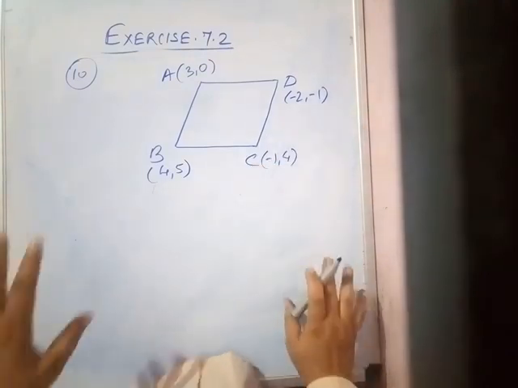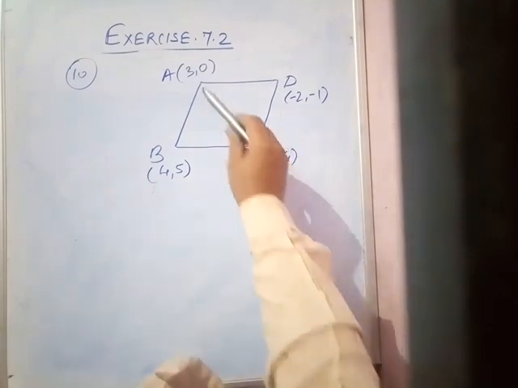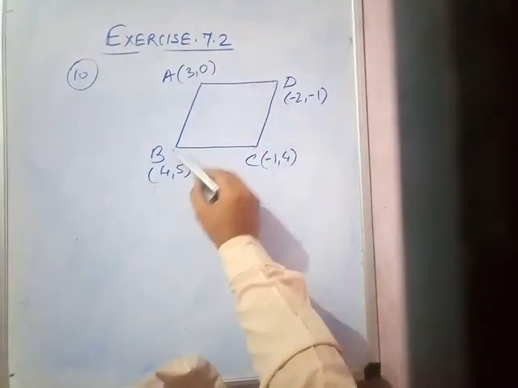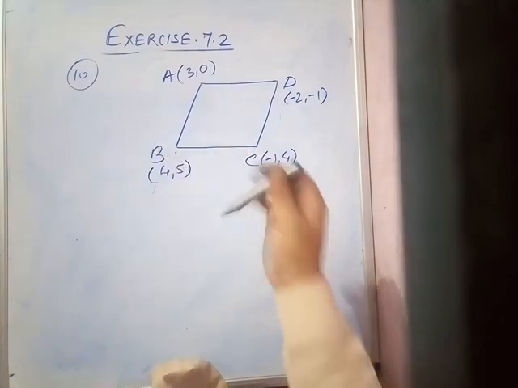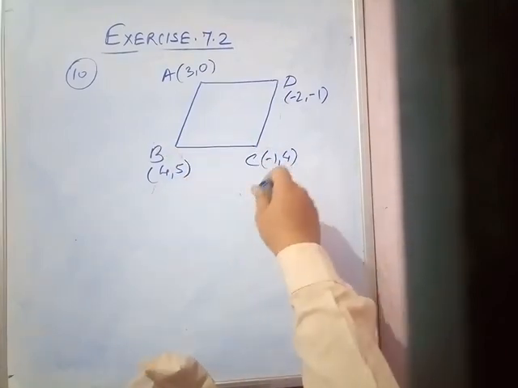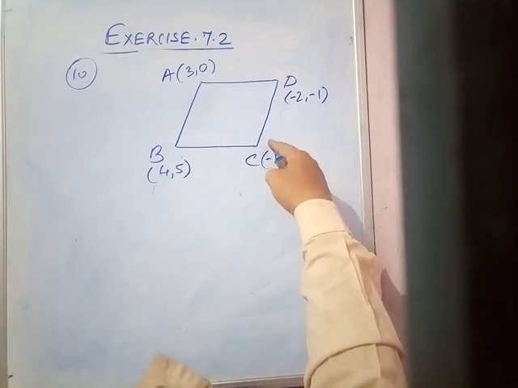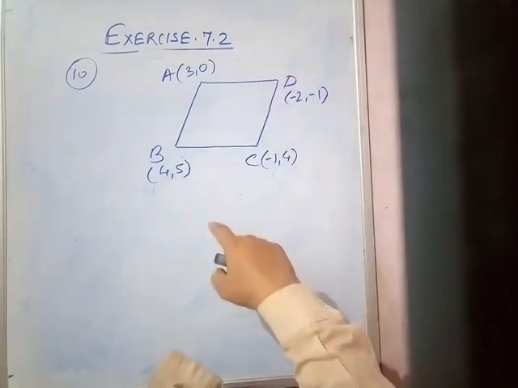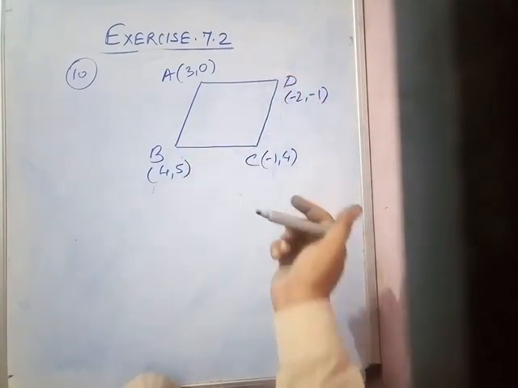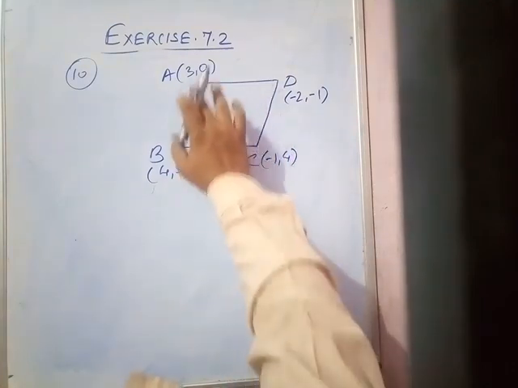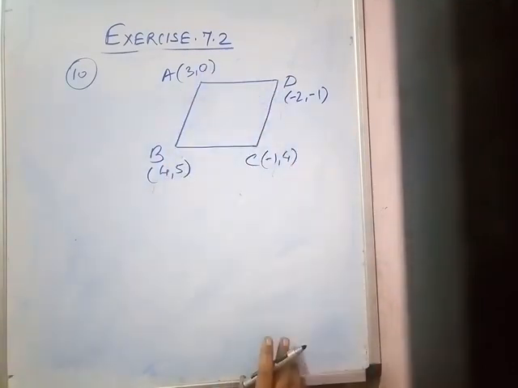As we know, the area of a rhombus is half into the product of its diagonals. So we need to first find diagonal AC and diagonal BD. Then half of the product of these diagonals becomes the area of the rhombus.